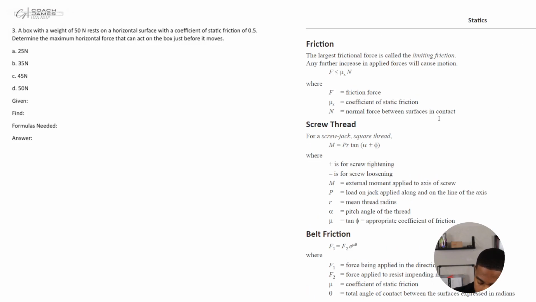What information are we given? We're given the weight, also given the static friction coefficient, and we want to determine the max force.